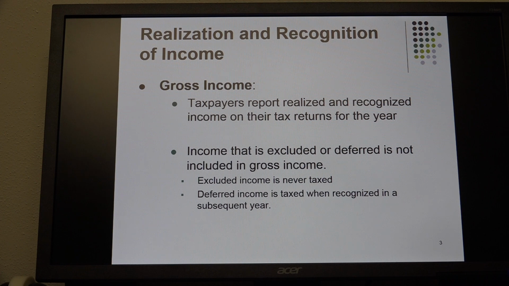And so notice that even when income is specifically excluded, you still have to figure out how much income was realized. You're just not going to recognize it because it either permanently excludes it or excludes it for some period of time down the road.